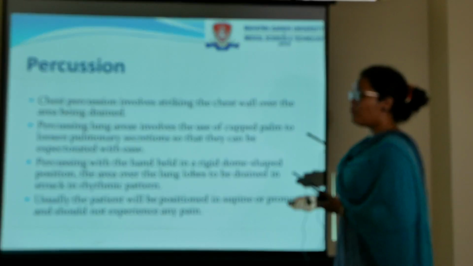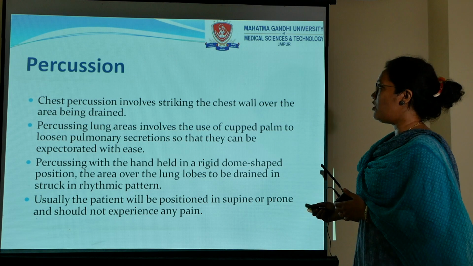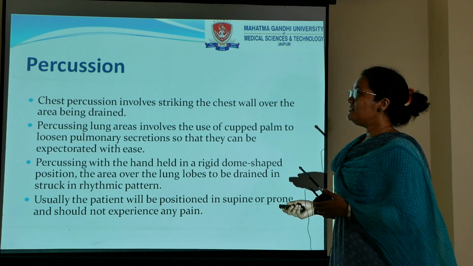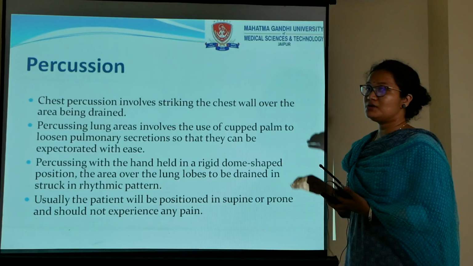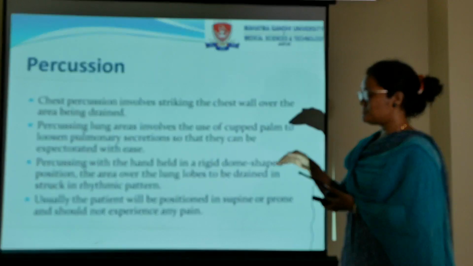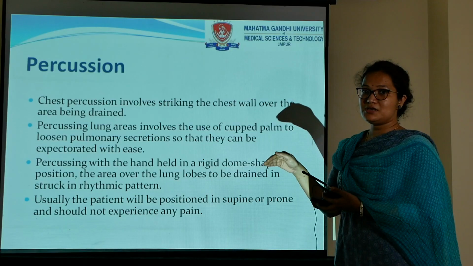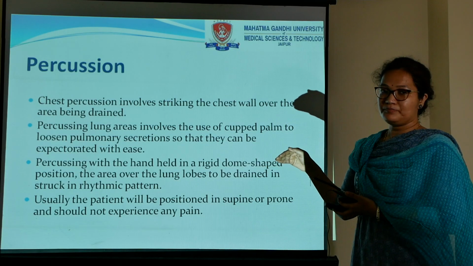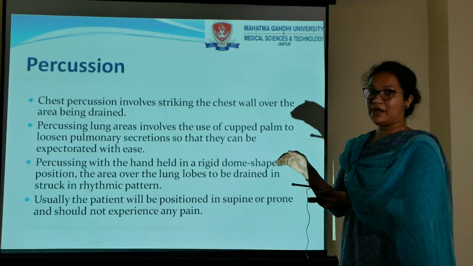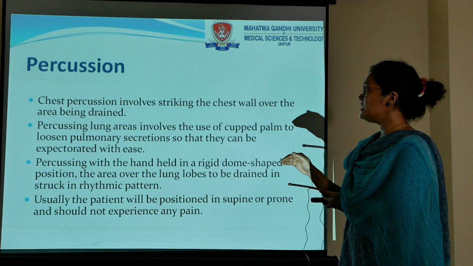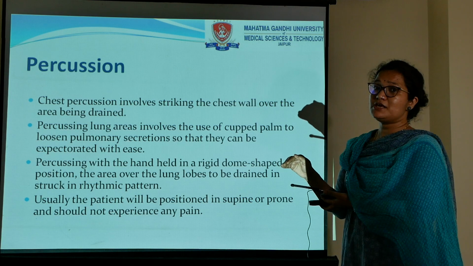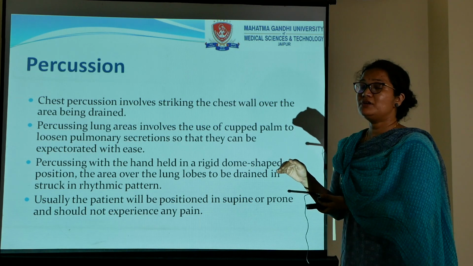Chest percussion involves striking the chest wall over the area being drained. Chest percussion is done like this, as you can see here, with the dome shape of the hand, and it should be applied over the chest wall, over the area of the lung which should be drained.